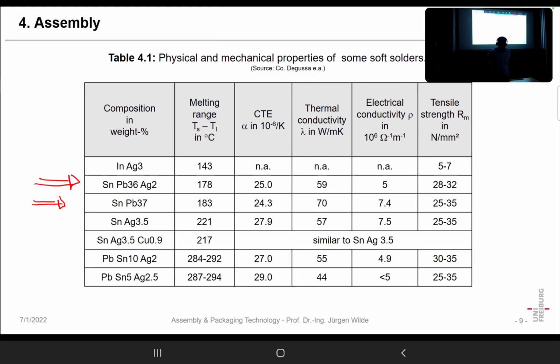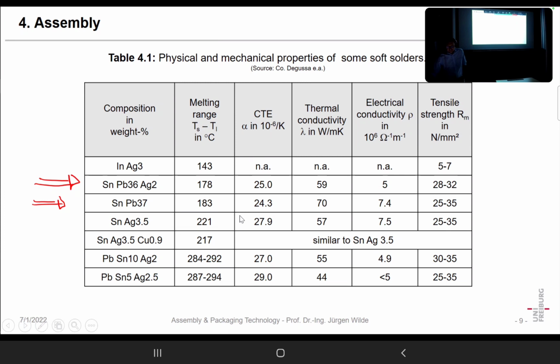You can say it's of course much weaker than steel, for instance, also much weaker than silicon itself. But on the other hand, as the material is soft, you can avoid building up stresses that are significantly higher than this strength of the solder material.